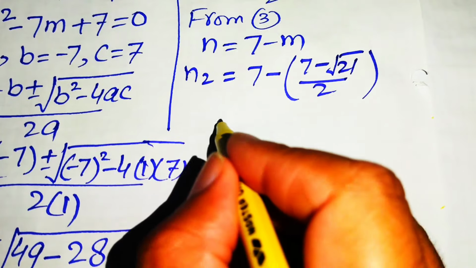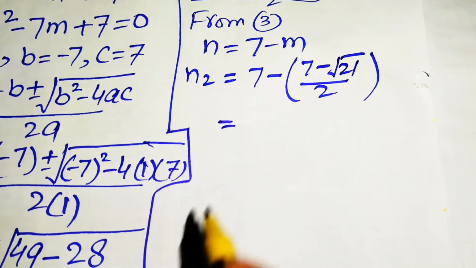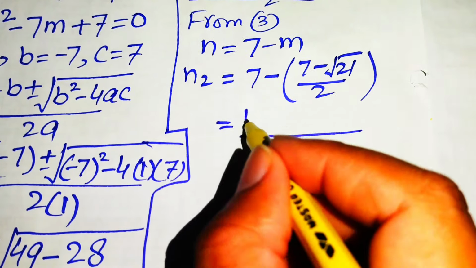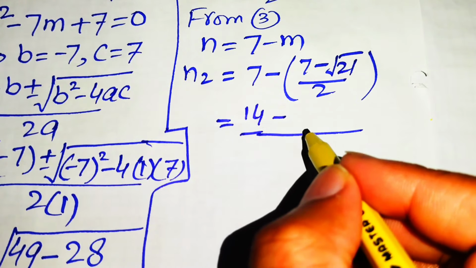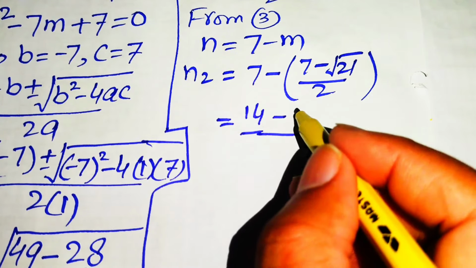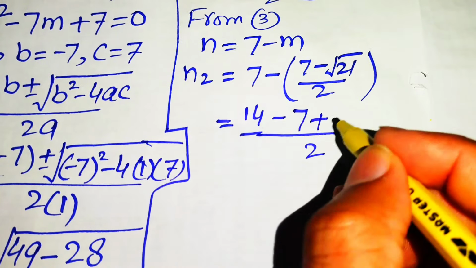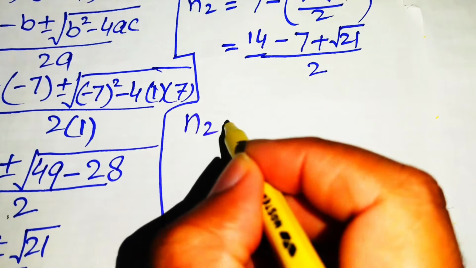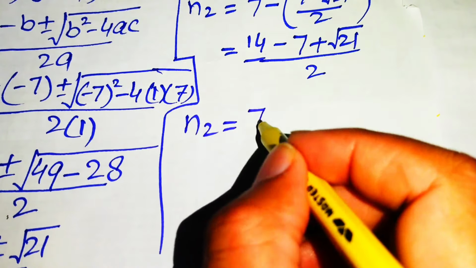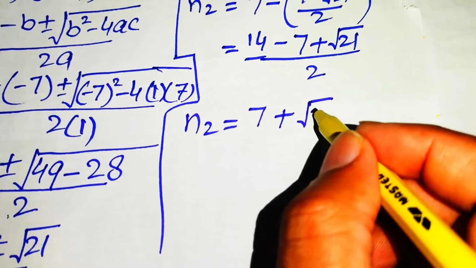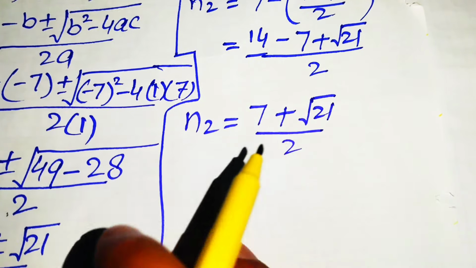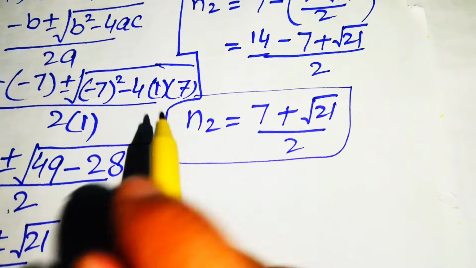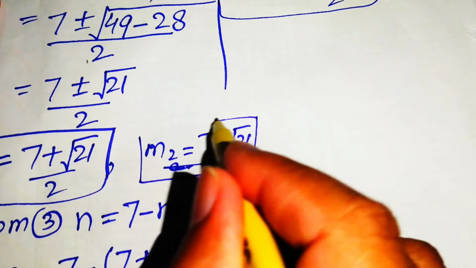Taking the LCM, which is 2, 2 sevens are 14 minus, the sevens cancel, and multiplying the minus sign on both terms gives minus 7 plus square root of 21. So n2 equals 14 minus 7, which is 7, plus square root of 21, all divided by 2. This is the value of n2 corresponding to m2.